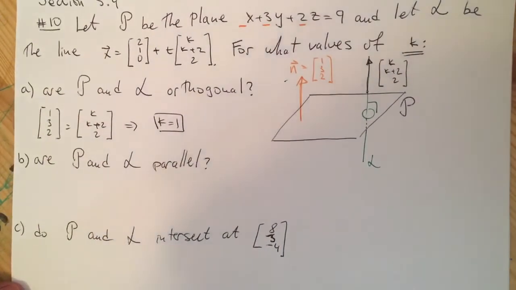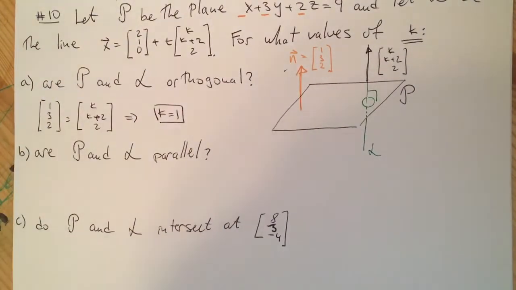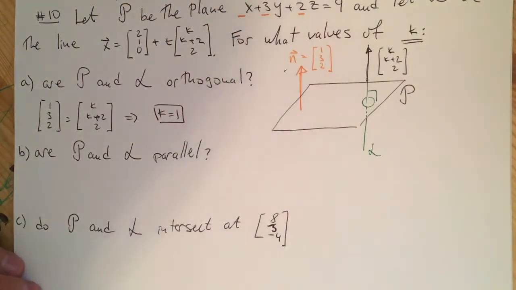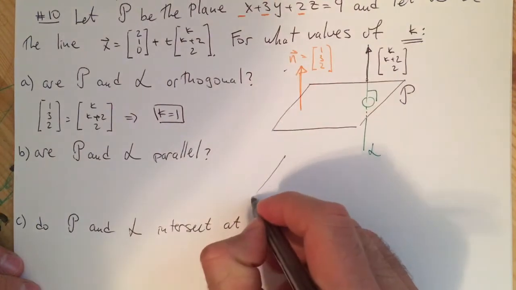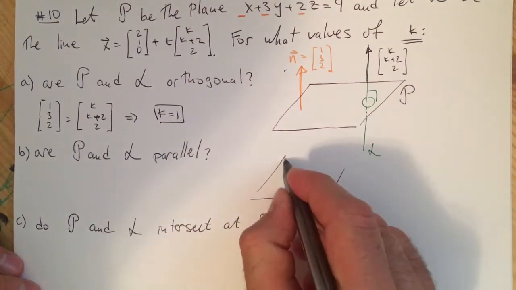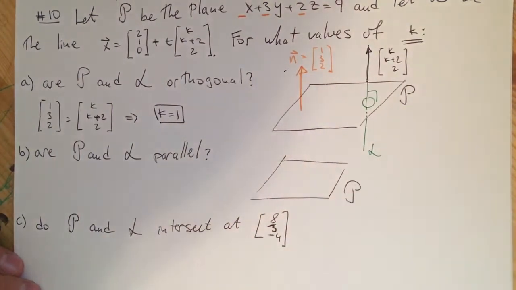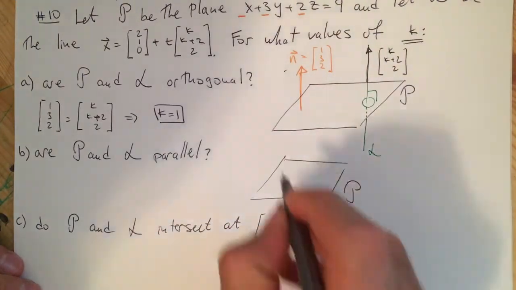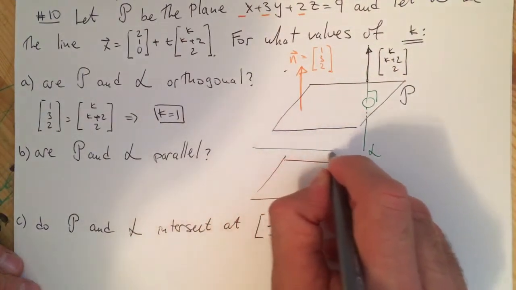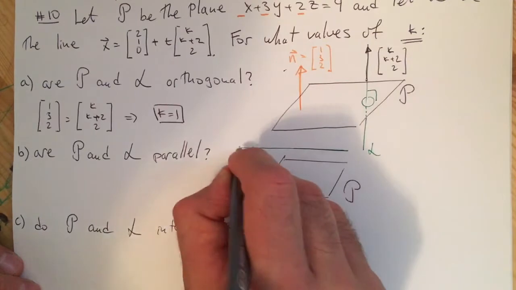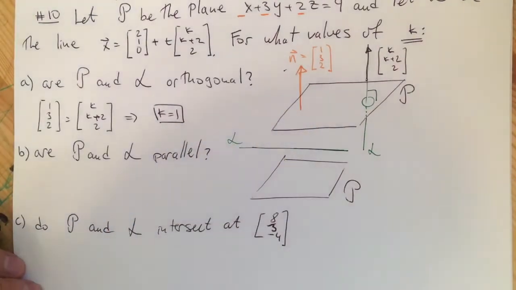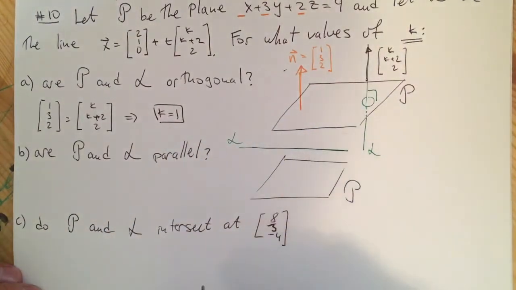Okay, in the second case, we have the plane P here and the line L. It says that these are parallel. There is no common point between the line and the plane.